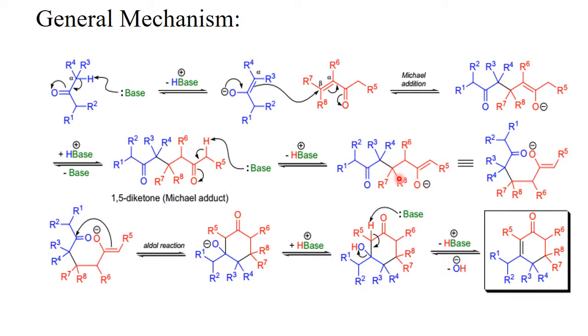Michael adduct is subjected to intramolecular Aldol reaction. Base picks a proton, that is also the alpha proton, and the 1,5-dicarbonyl compound is converted to the enolate ion.